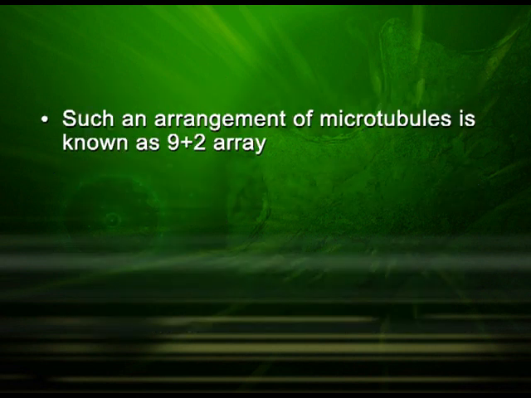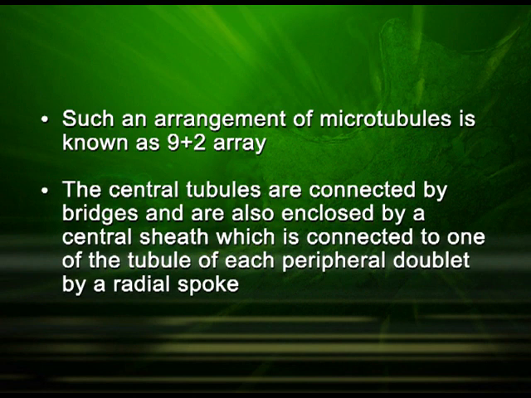Such an arrangement of microtubules is known as 9+2 array. The central tubules are connected by bridges and are also enclosed by a central sheath, which is connected to one of the tubules of each peripheral doublet by a radial spur.